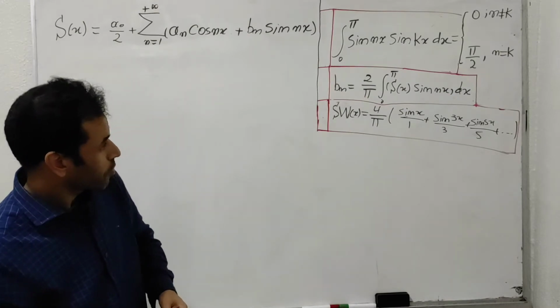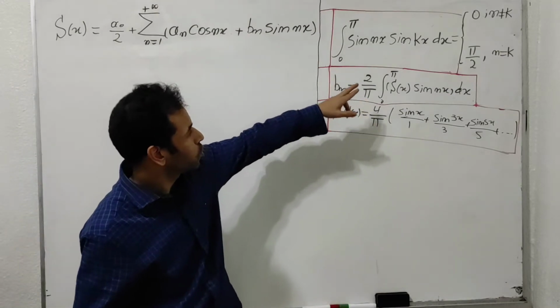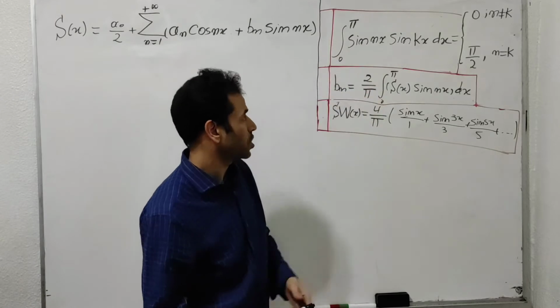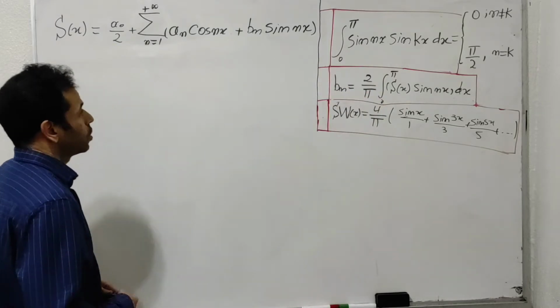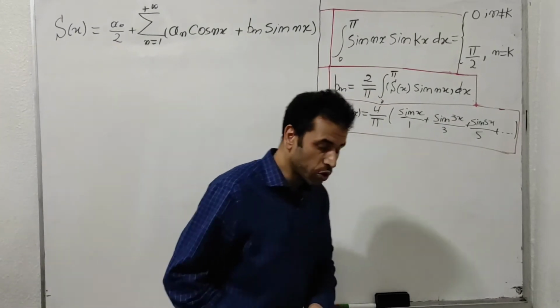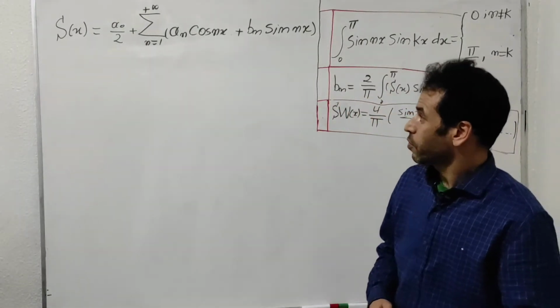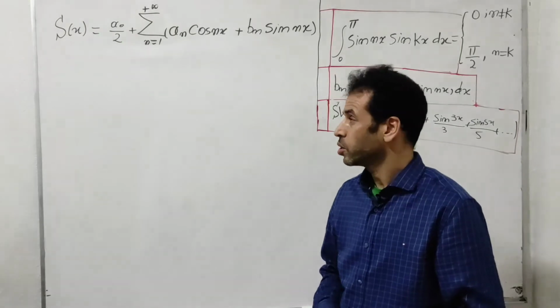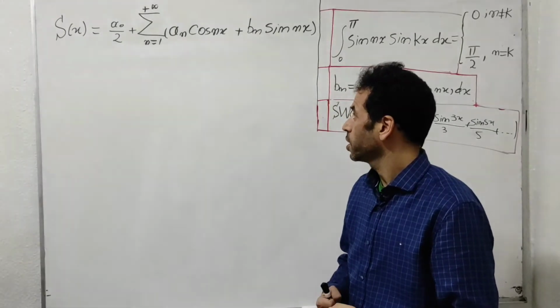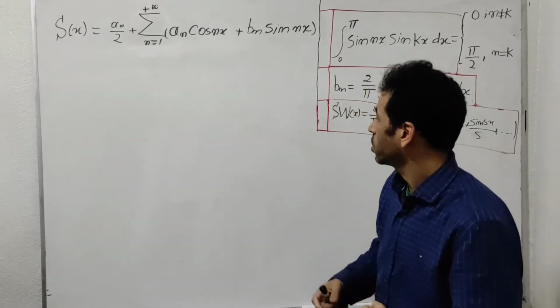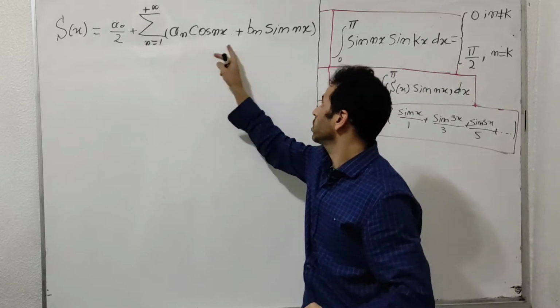Before I proceed with the proof, I'm going to show the first identity. I'm going to use it as a tool. Let's talk a little bit about the Fourier function. In fact, the Fourier function has both coefficients, the odd and even coefficient, a sub n and b sub n.